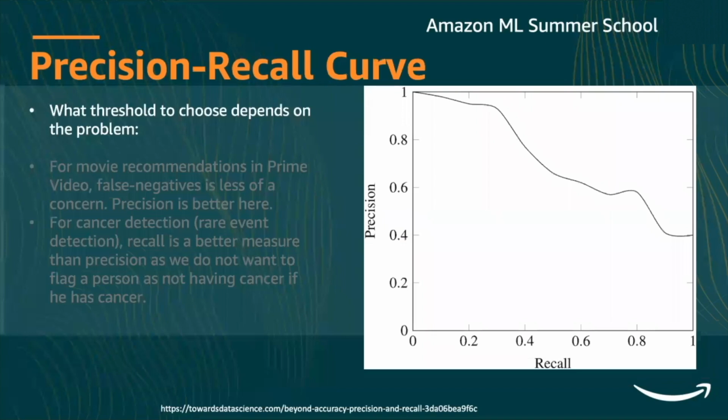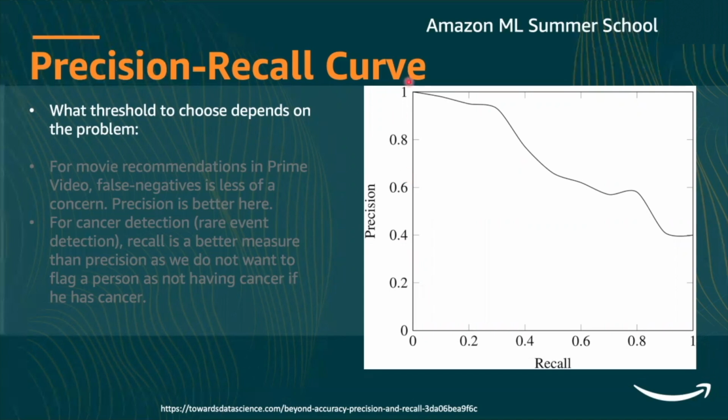Now, when deploying a model in real life, as I said, you have to take into account various metrics, various thresholds, right? So a good practice is to plot a precision recall curve. And as I said, how do you decide the threshold? The threshold depends on the problem at hand. So let's take an example.